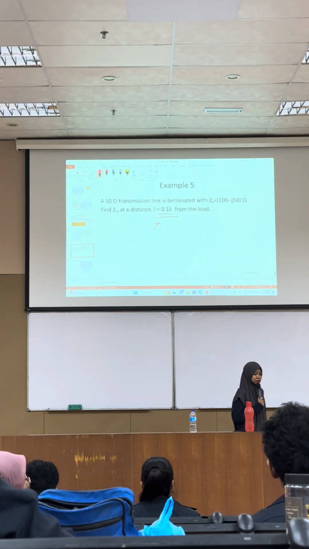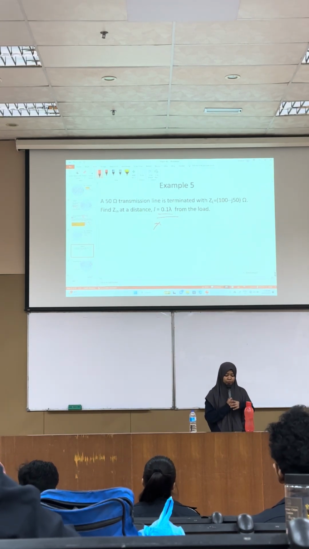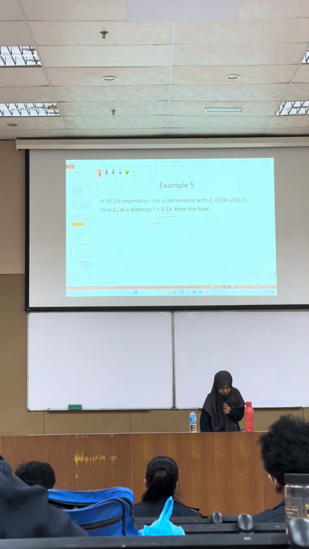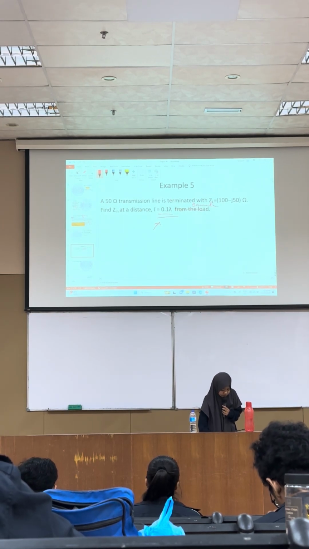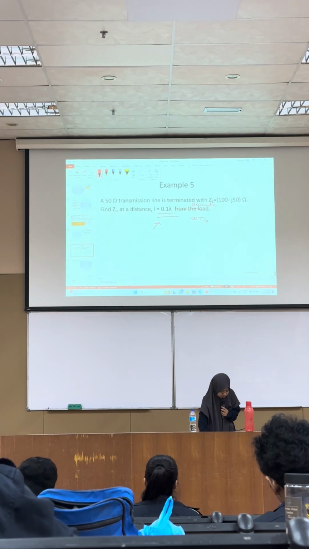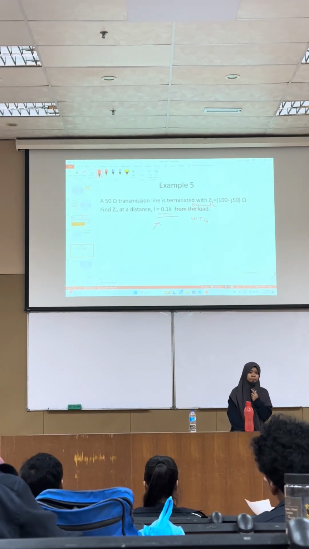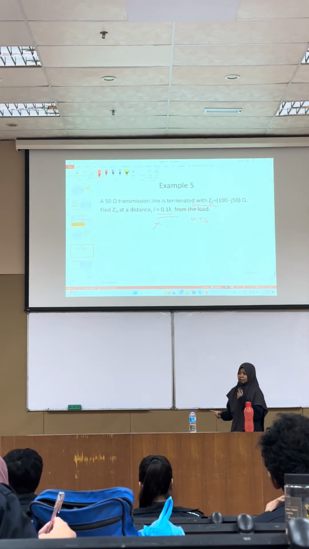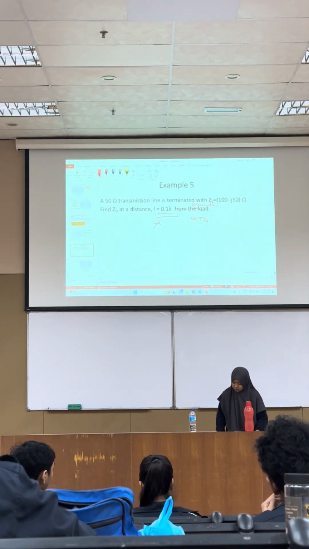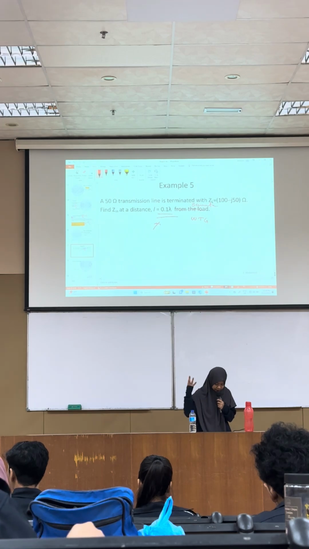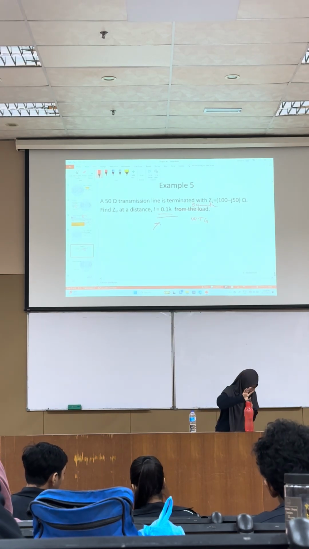Tak payah tukar. Okay, wavelength towards generator. This one from the generator lah. Ramai yang tanya. Okay, so look at the wavelength towards generator. Ada soalan? Saya round the class.